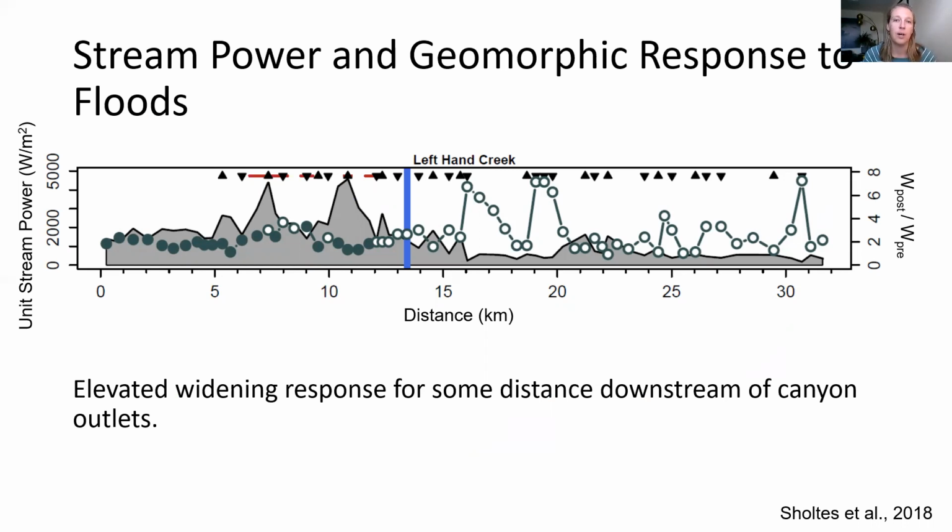There are also some unit stream power thresholds that I like to look at. If unit stream power is too high, you can expect significant widening of the stream corridor. So not just the channel, but the corridor itself, which may be potentially hazardous depending on what's on the outsides of those.